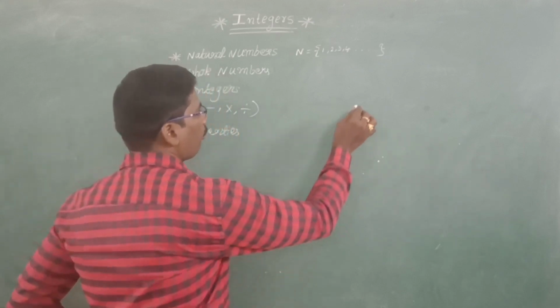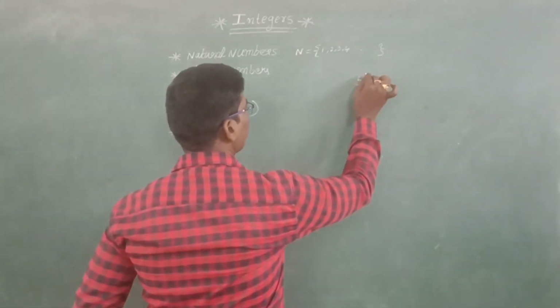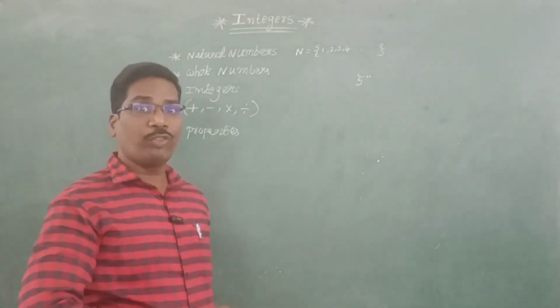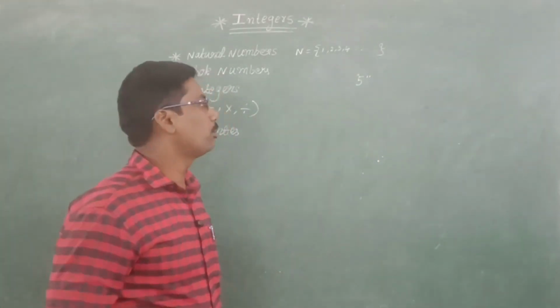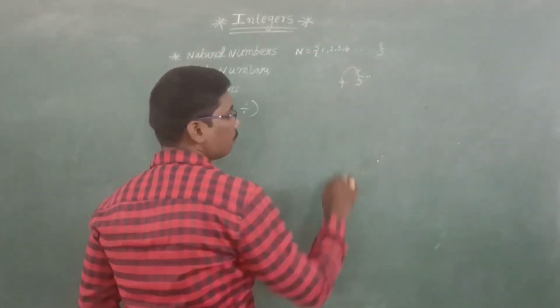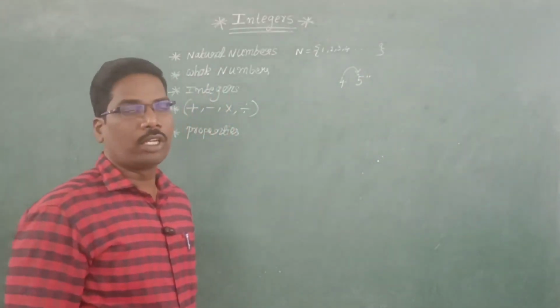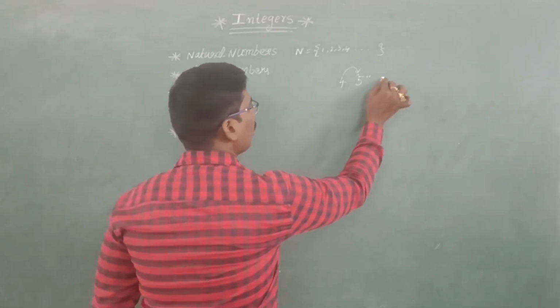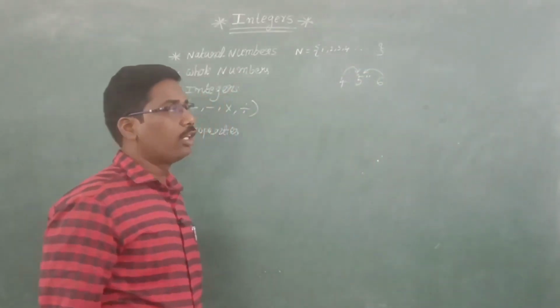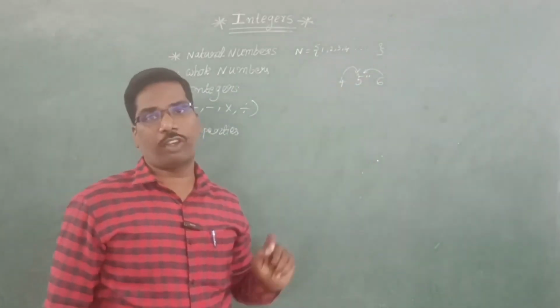For example, I will take 5. The previous number, or the number before 5, is its predecessor. So 4 is the predecessor of 5. The next number is the successor of a given number, so 6 is the successor of 5.